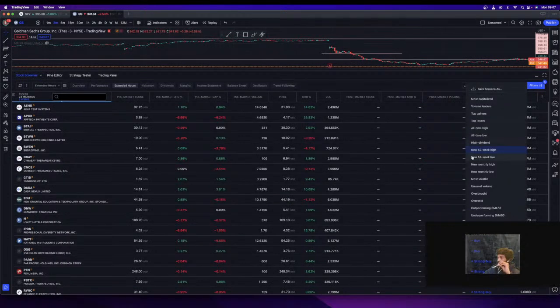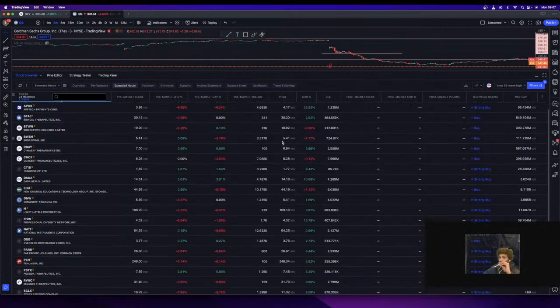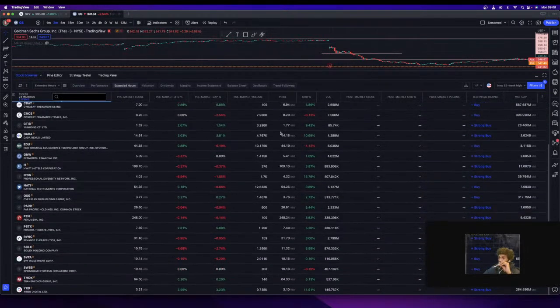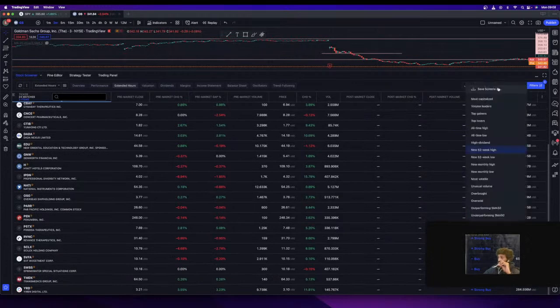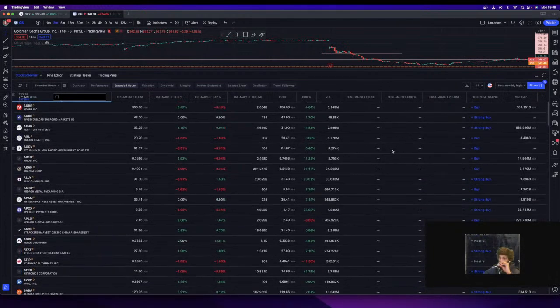If you want to see what stocks hit a new 52-week high, it's going to tell you right over here. If you want to see the stocks which hit new all-time highs or new monthly highs, it's going to tell you right over there. So the stock screener is a pretty reliable tool when it comes to TradingView, so I recommend all of you keep an eye out for it.